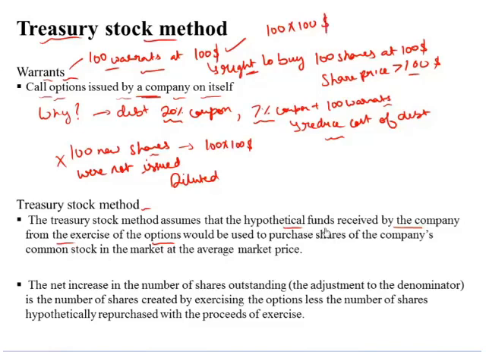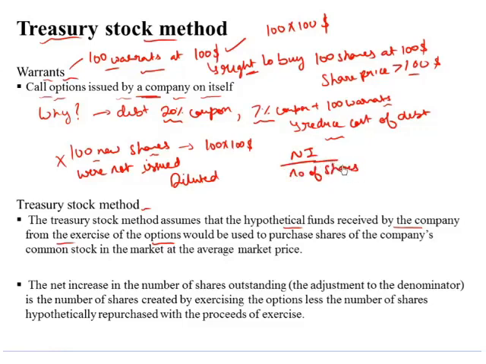So these funds that the company is receiving from the exercise of the options are being used to offset the dilutive impact of the warrants. So please note that issuing of these warrants increases the number of shares. If the number of shares increases, it is possible that the EPS can get diluted.